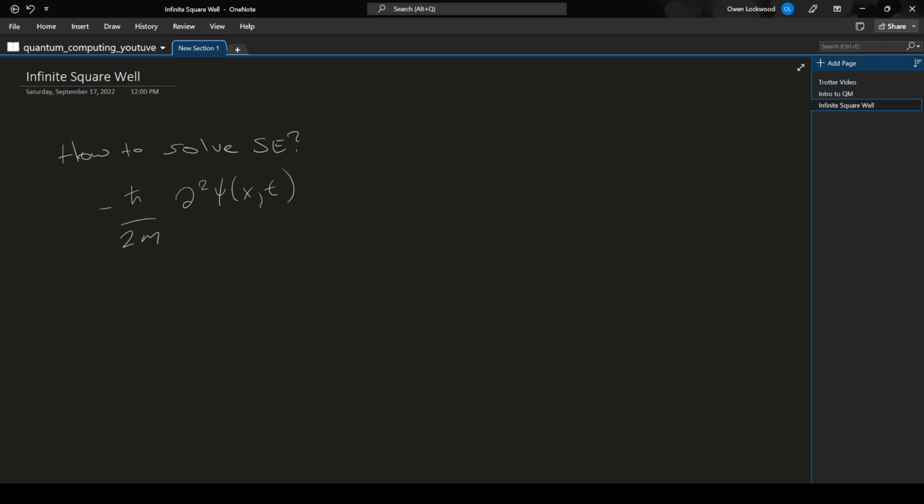And note that this wave function is a function of position and time. This can be of x, y, z, or whatever. I'm just leaving it this way for now. So now we have i h bar and then the time derivative.